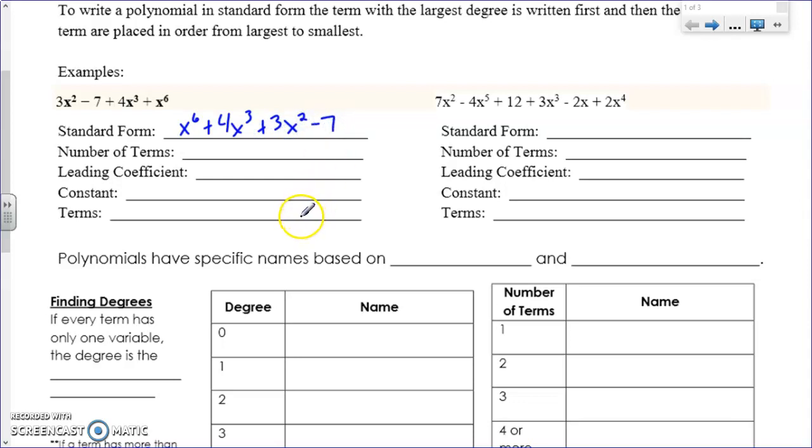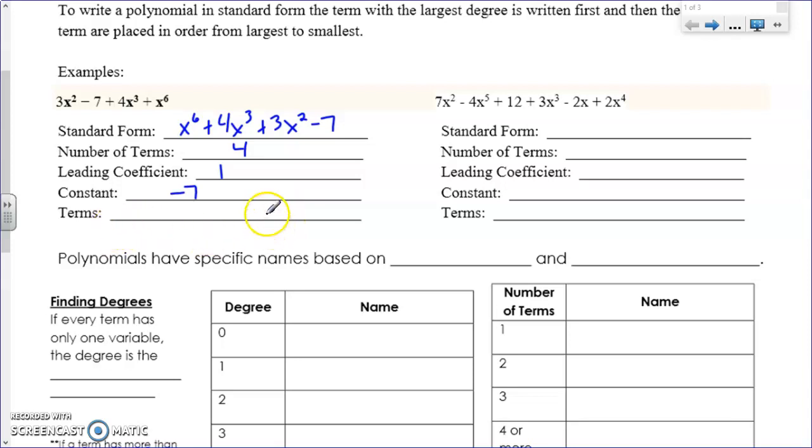Everybody understand and remember that? There's 1, 2, 3, 4 terms here. What is the leading coefficient? 1. And then the constant is negative 7 because it's the one without the variable. Remember, it doesn't change. It stays constant because it doesn't have a variable to multiply by to change.